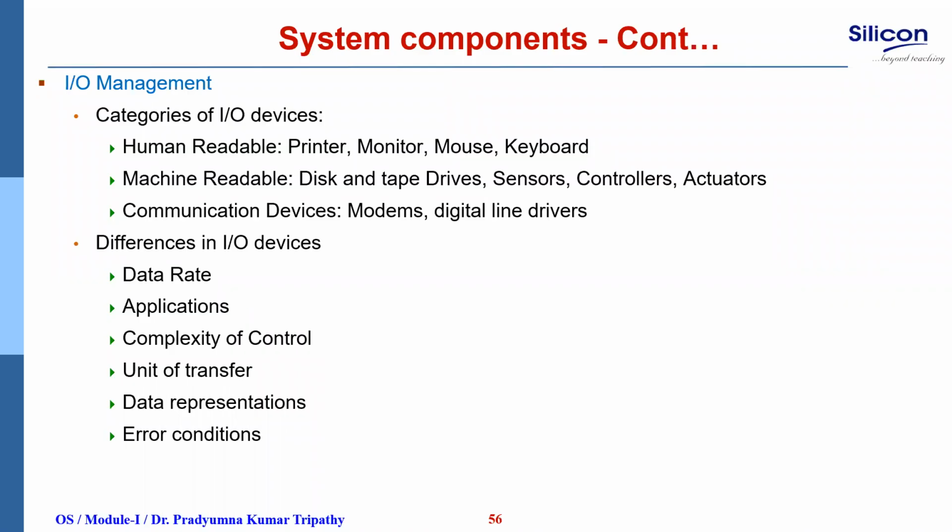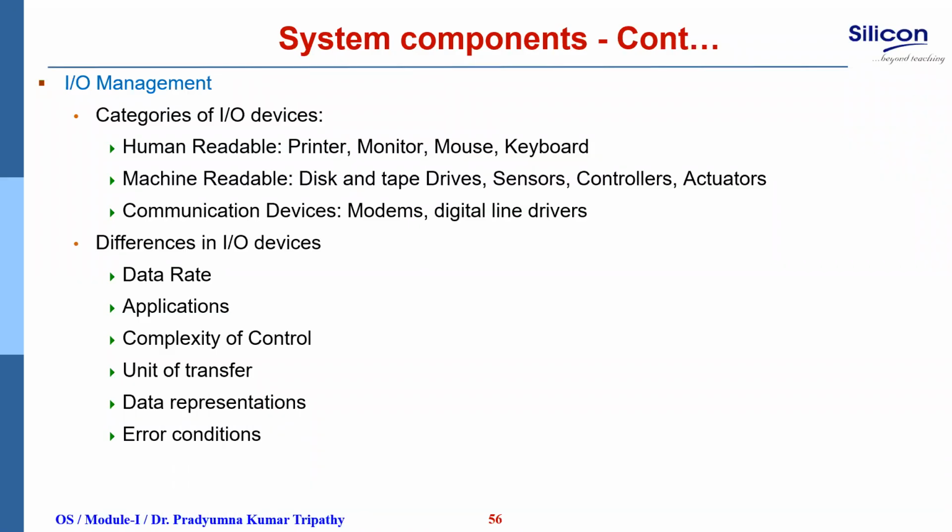These are how the data is captured through the machine itself. And some are communication devices, like modems and digital line drivers. So mainly we have categorized them into human readable, machine readable or communication devices.